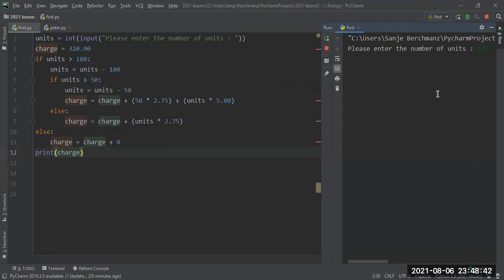Can someone calculate and tell me the answer? 137.5, sir. 50 into 2.75 is 137.5. Add 25 into 5 to that. That is 62.5, sir. 62.5. I'm getting 582.5.